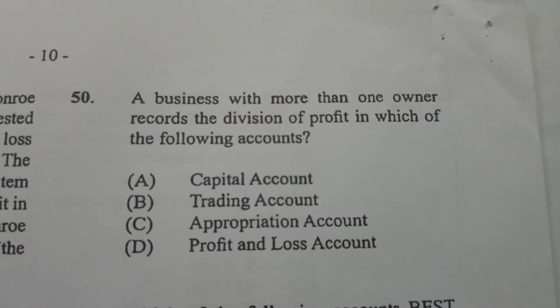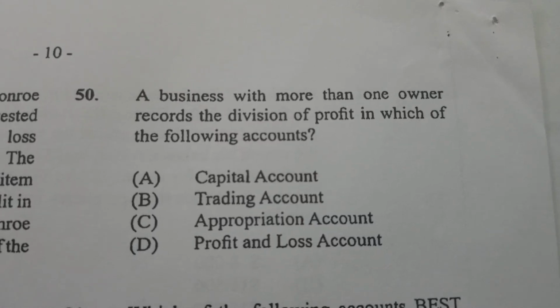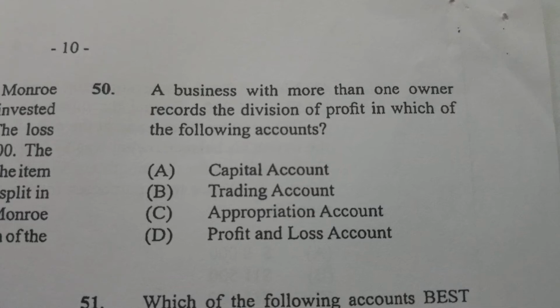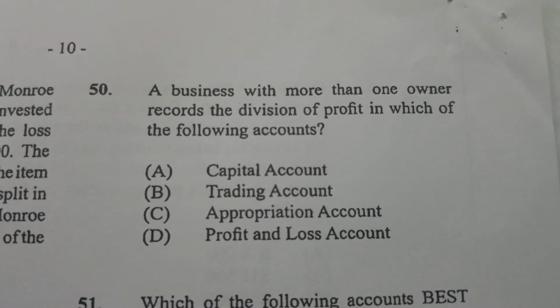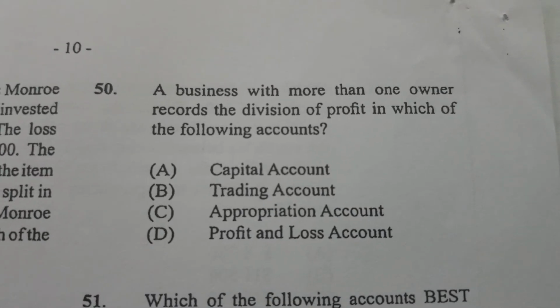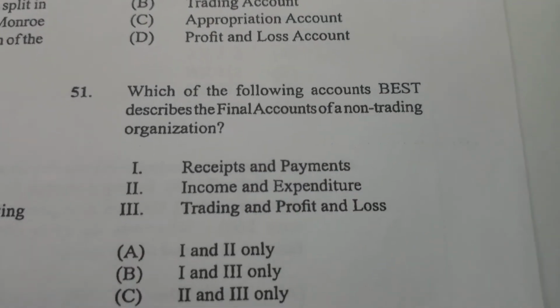Item 50. A business with more than one owner records the division of profit in which of the following accounts? Our answer is C, an appropriation account. Item 51.